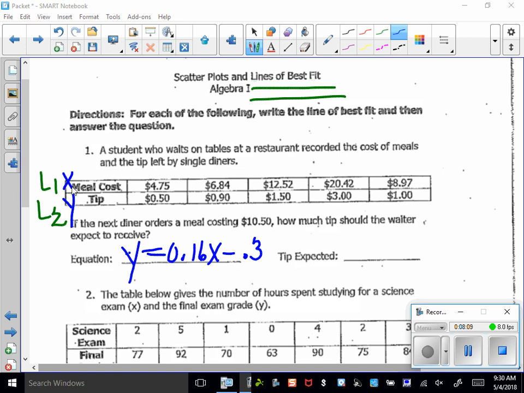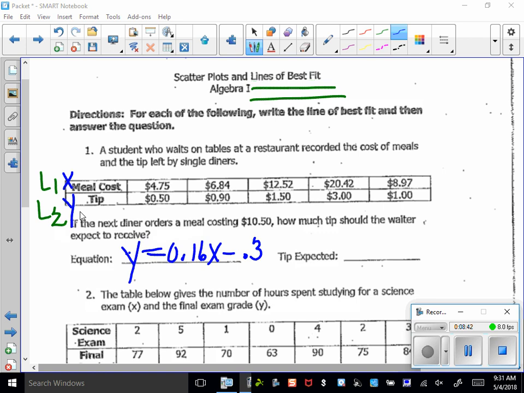This is the meal cost, which we label as X, that we put into our L1. This is tip, which is Y, which is in our L2. So when it asks for the meal costing, if the meal costs $10.50, meal cost is which variable? X variable. Okay, X. Then how much is the tip? The tip variable is what?